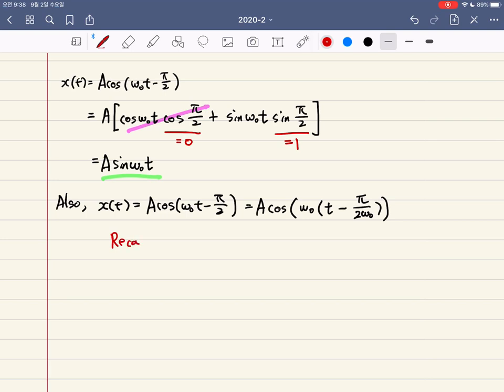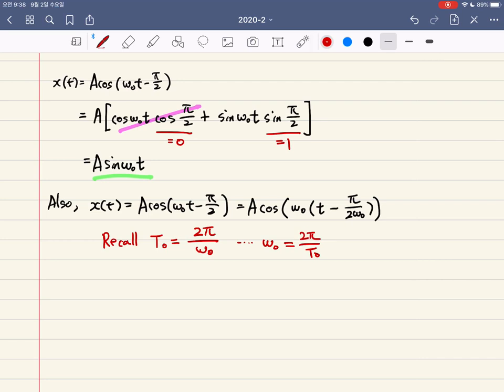And you have to recall a period equals 2 pi over omega 0, which means omega 0 is 2 pi over T0, and we will insert this relationship into the omega 0 in the denominator, which will bring a cosine of omega 0 times t minus large T0 over 4.